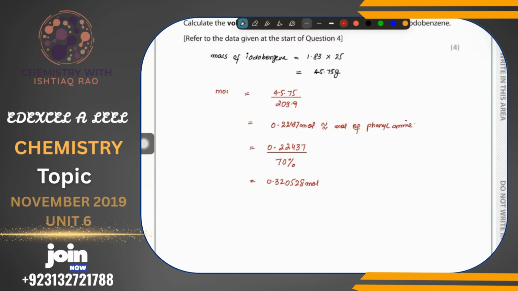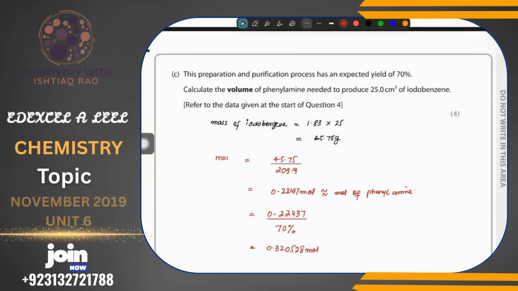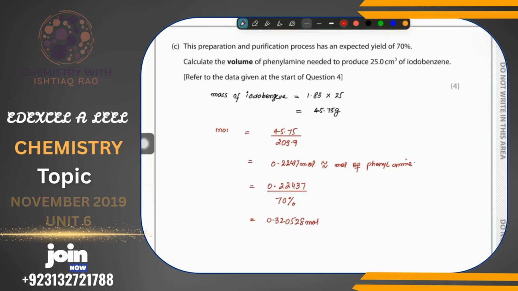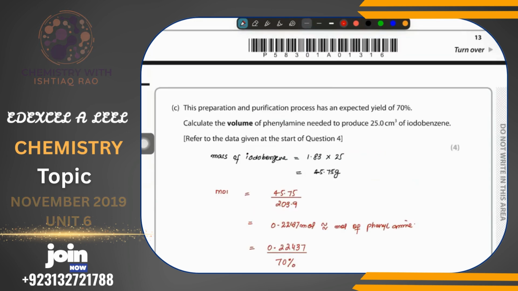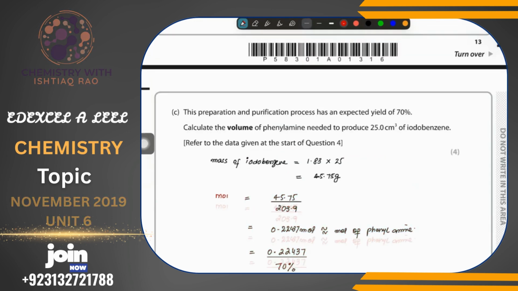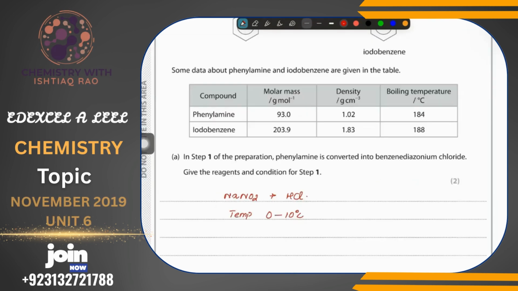Okay. And what they are asking is the volume. We got the mole, and they have given you the density of phenylamine, that is 1.02. So what are we supposed to do now?